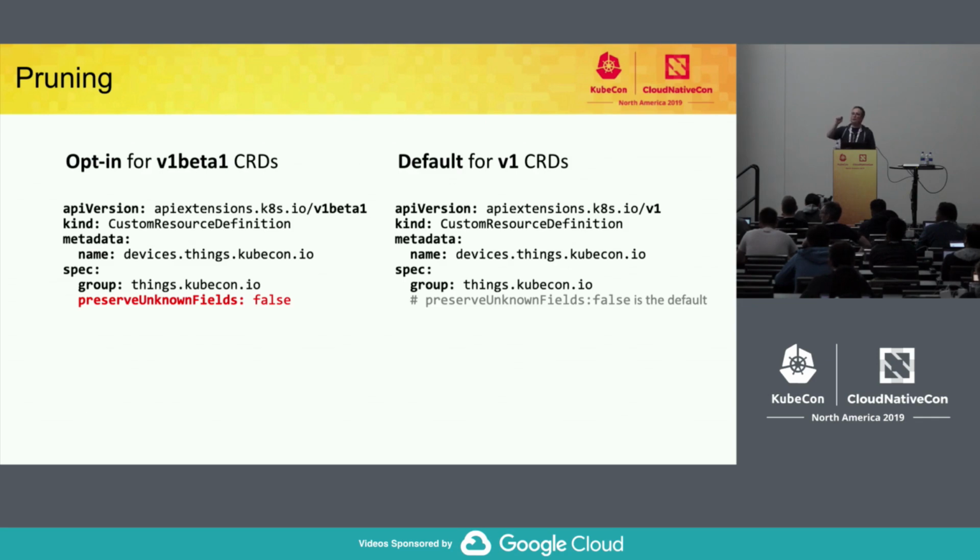It's not about the CRD API, it's about your API group that you define. If you use a CRD with the apiextensions API v1beta1, like you do in a 1.14 or 1.13 cluster, because there was no v1, v1 is new.